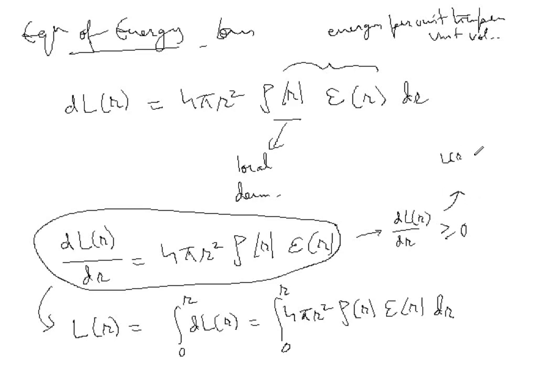Now, not surprisingly, this equation shows that if the nuclear energy production rate increases, so does the luminosity.